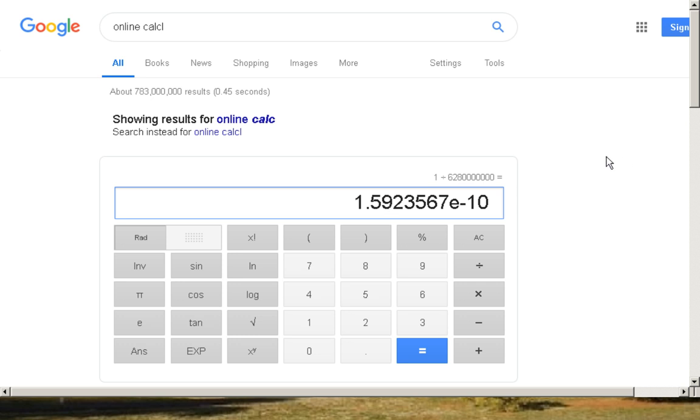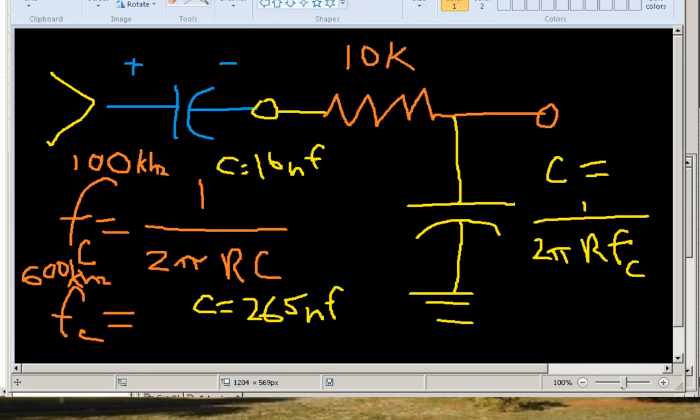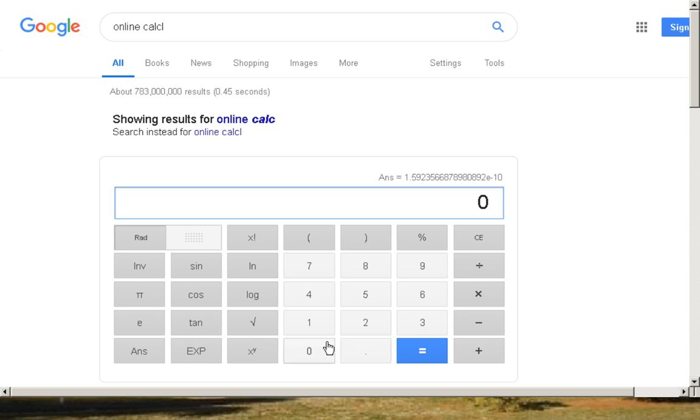0.16 nanofarads. If the frequency is higher, the capacitance is supposed to go down, not up. Three, 6. That's 1,000 with 6 zeros.